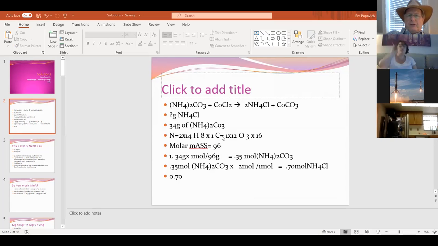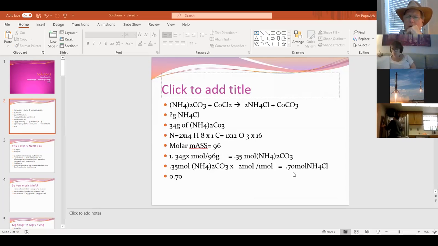The 96 is the molar mass of the ammonium carbonate. Neither says anything about ammonium chloride. The only way I get to ammonium chloride is when I do the molar ratio and multiply the moles of ammonium carbonate by 2/1 to get moles of ammonium chloride.